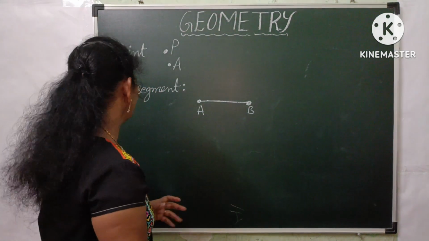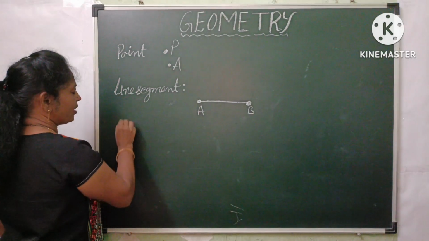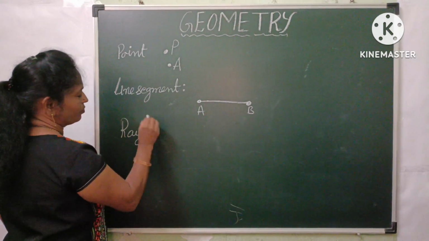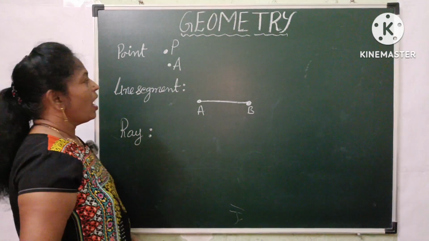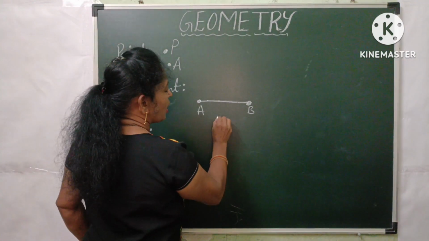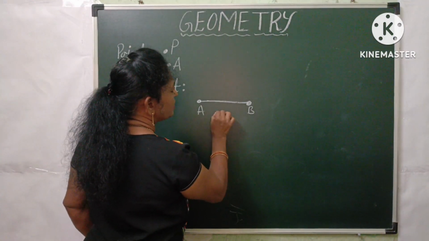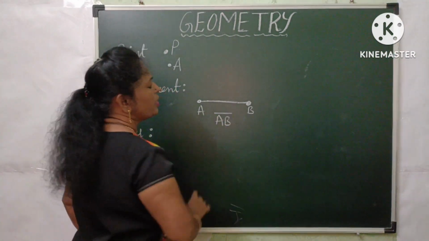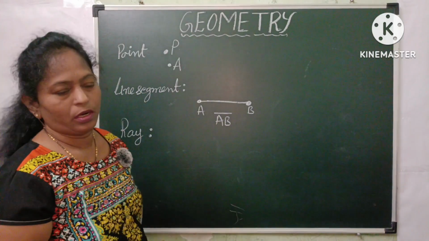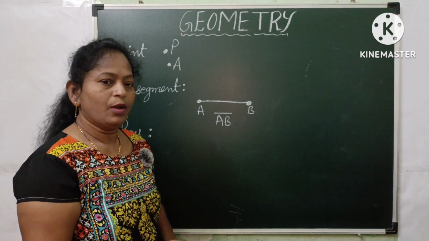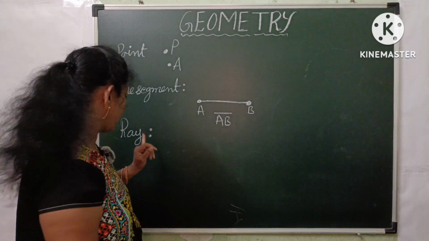Next one, ray. We write this line segment as AB with a bar on top.